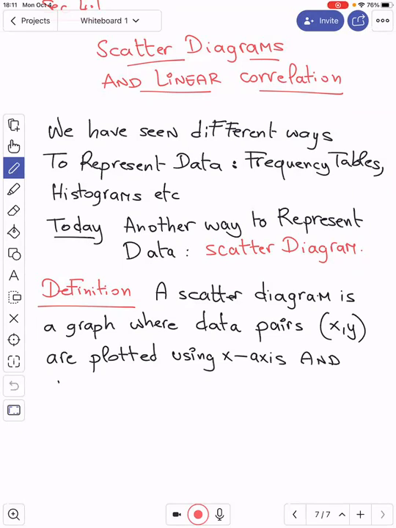Anyway, the variable X actually has a name. It's called the explanatory variable.